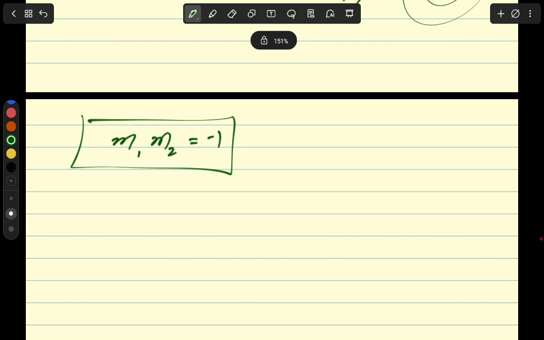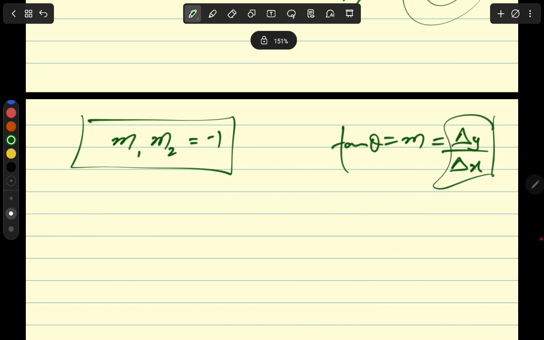I could draw the x-axis, I would draw a line, and then I'm going to put the angle theta, and then I would equate the tan of theta with m, because m is what? It is rise over run, right? Which is nothing but the ratio of tangent, right? But you are not going to get into that, because it includes the compound angle as well, so let's not get there.